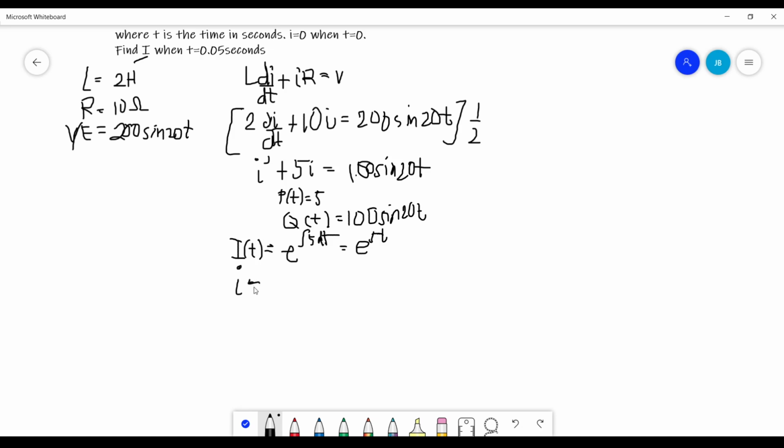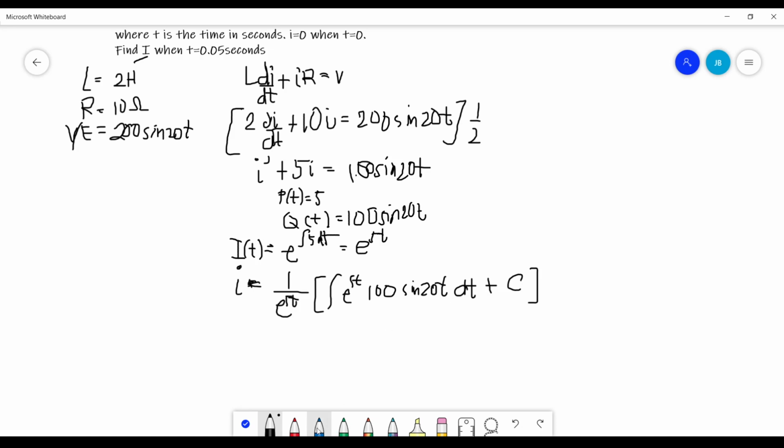So your I, remember, is equal to 1 over the integrating factor, please remember the formula, e to the 5t, multiplied by the integral of e to the 5t times Q of t, which is 100 sine 20t, dt, plus c.